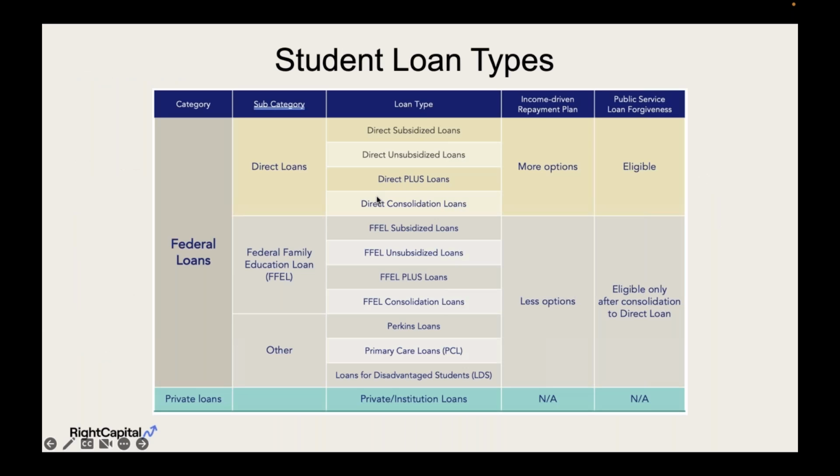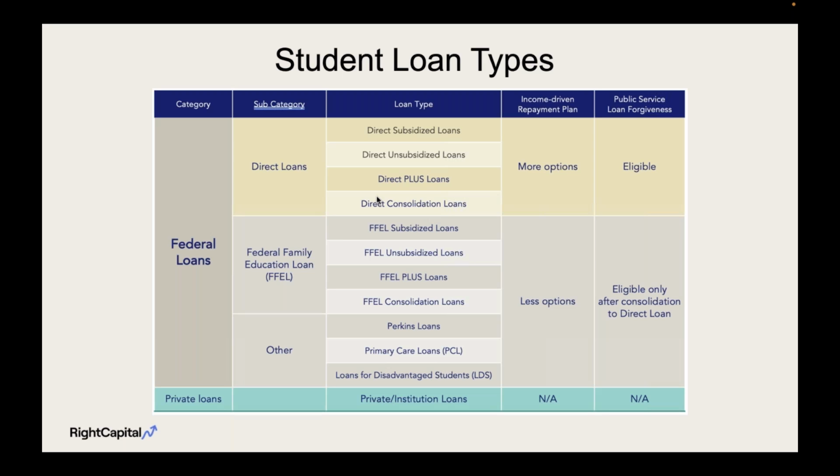But the first thing I want to do is provide a little bit of context on which different loan types you might be encountering out there in the industry, because many times clients don't know much about what exactly the loan type is or what repayment plan they're using. So we really want to break this down into two very large categories: federal loans and private loans.